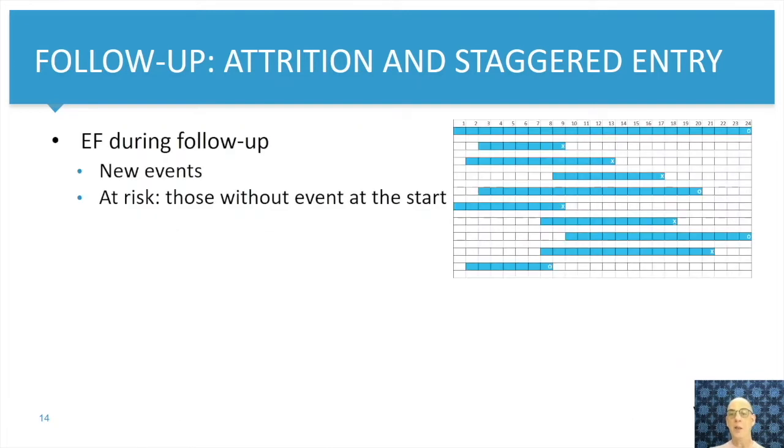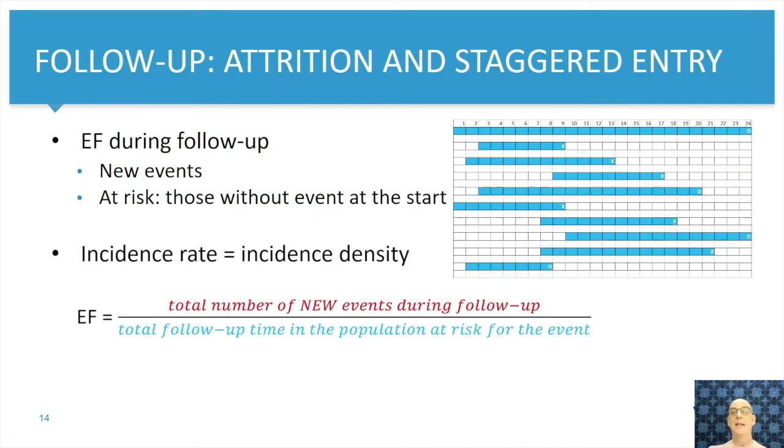Well, actually, we do exactly the same. We are still interested in the number of new events during follow-up, and at risk are those people who were in follow-up. So we still calculate the incidence rate or the incidence density.